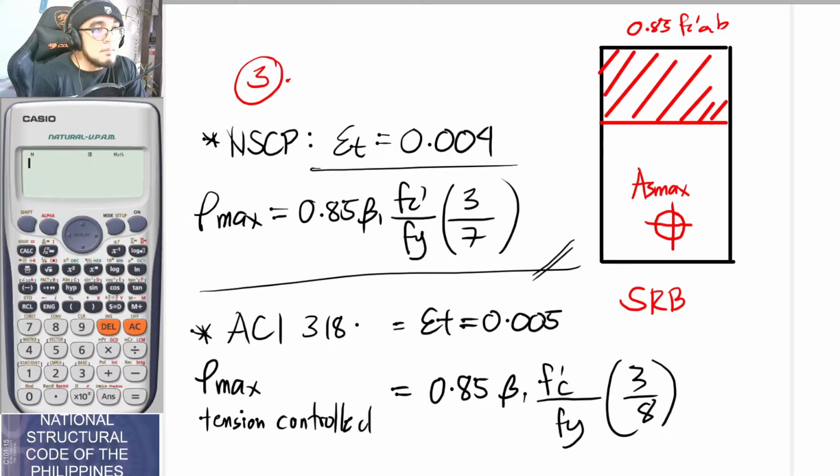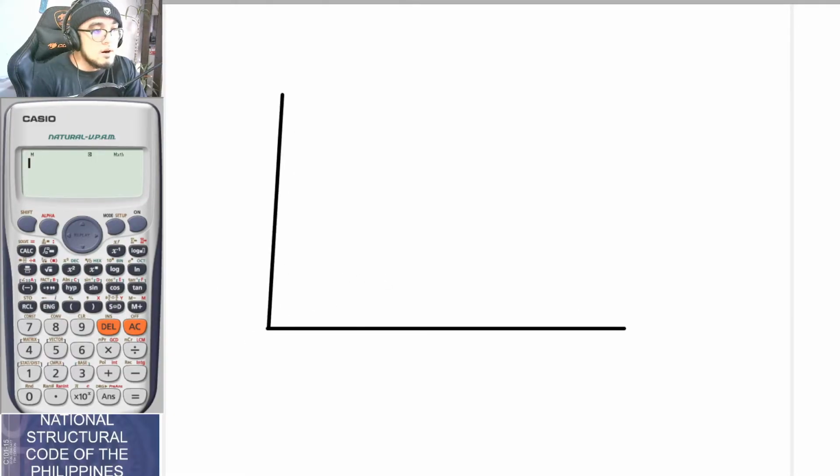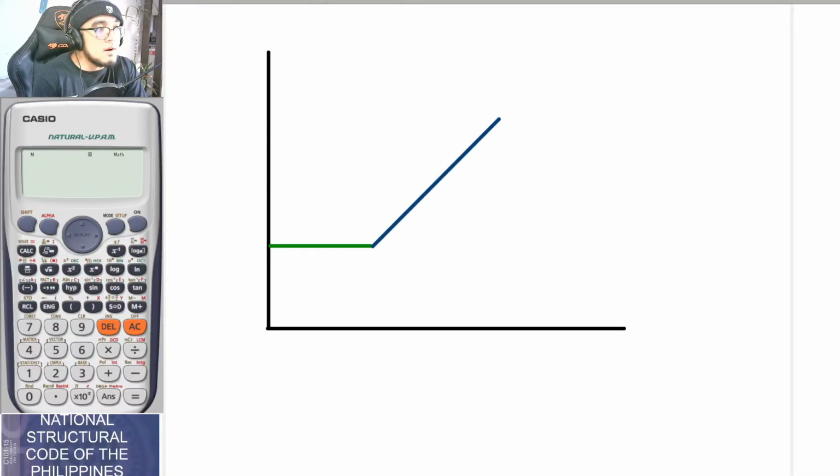Because if you can remember from before, if this is your factors for phi, or the reduction factors for phi, we have here 0.65, and we have here our transition zone, then we have here our tension control.